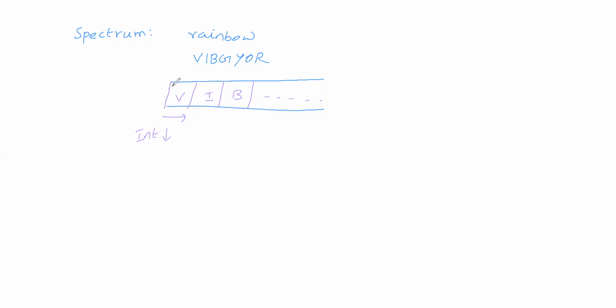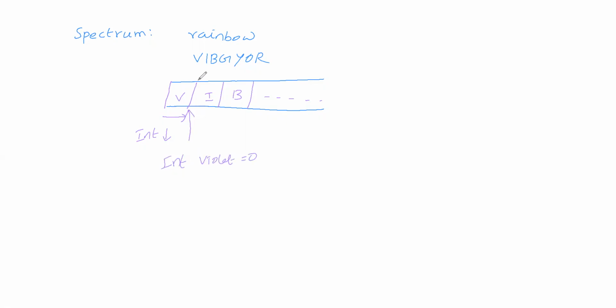Here the intensity of violet is high, here somewhat low, here still low. When it reaches this place, the intensity of violet becomes 0.